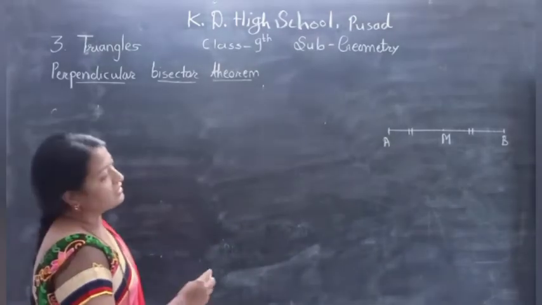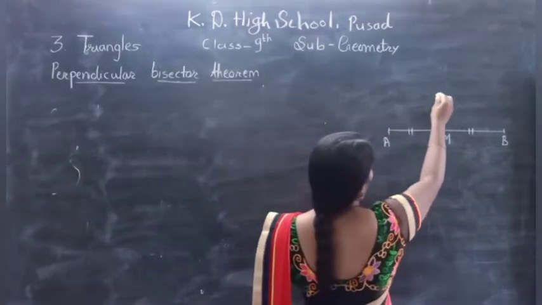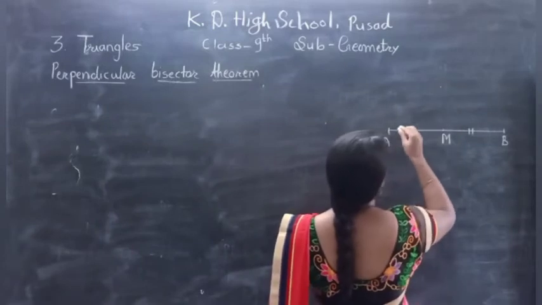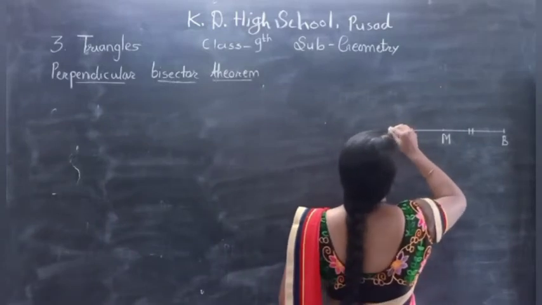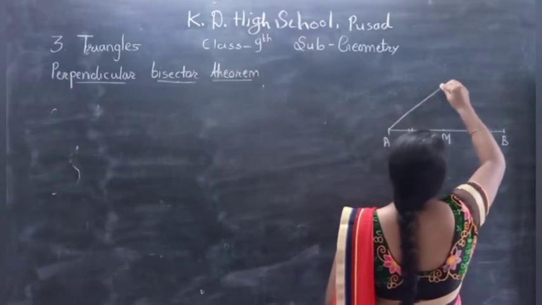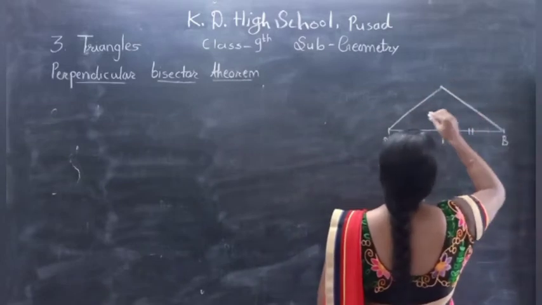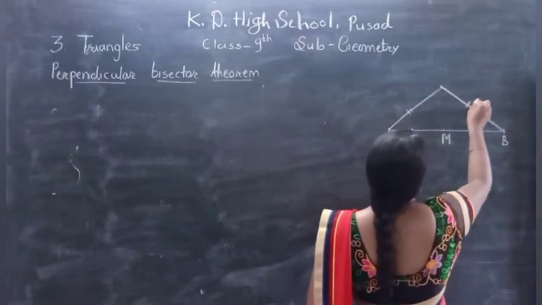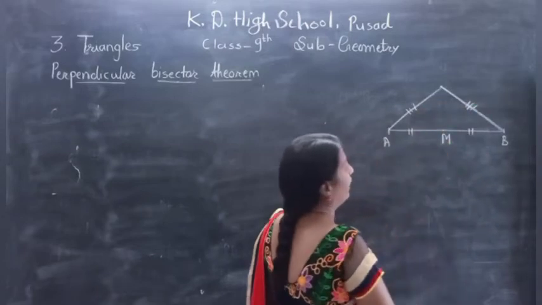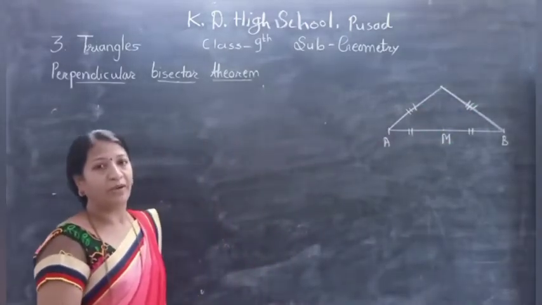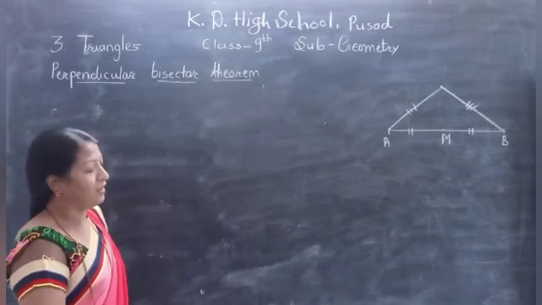Point P is a point which is equidistant from the endpoints of a segment. If point P is equidistant from point A and point B, then we have to prove that it lies on the perpendicular bisector of the segment.